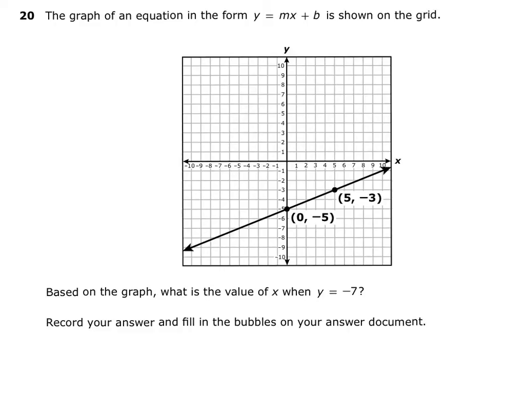So on number 20, you have a graph of an equation, and it's in the form y equals mx plus b. It wants to know that, based on the graph, what is the value of x when y equals -7? So what we're going to do here is take a straight line, and when y is -7, we're talking about right here.